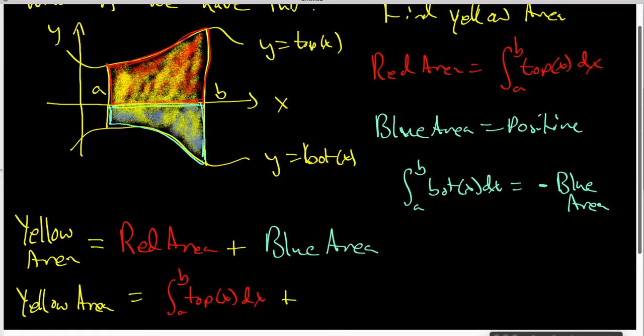Now the blue area is minus the integral of the bottom function. Minus the blue area is equal to that integral, and so the blue area is going to be minus the integral from A to B of the bottom function.